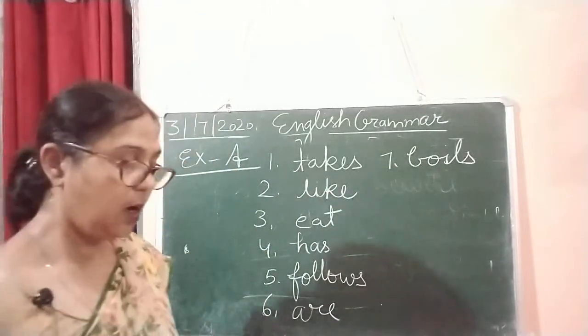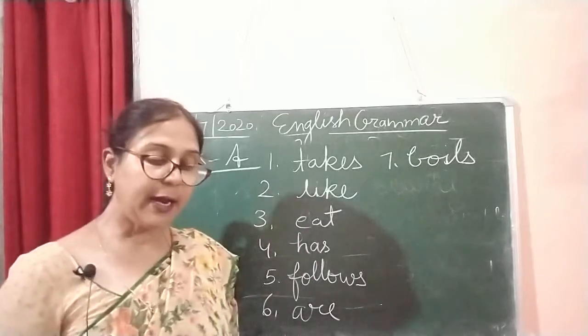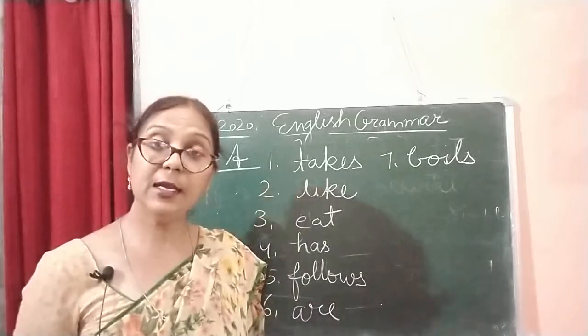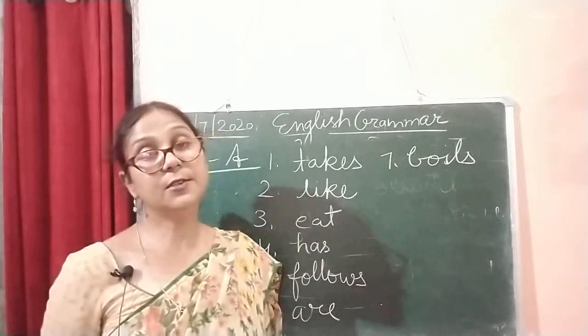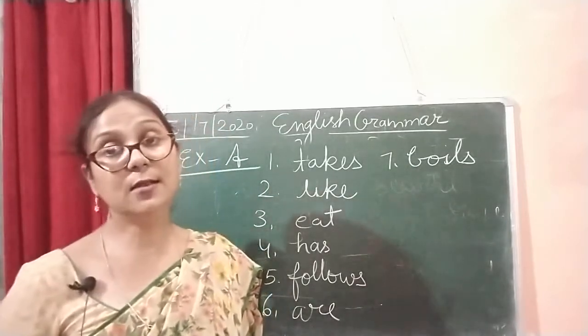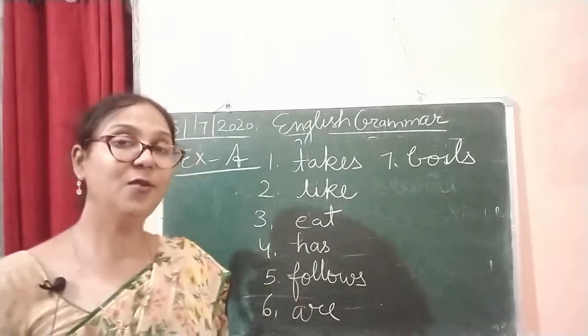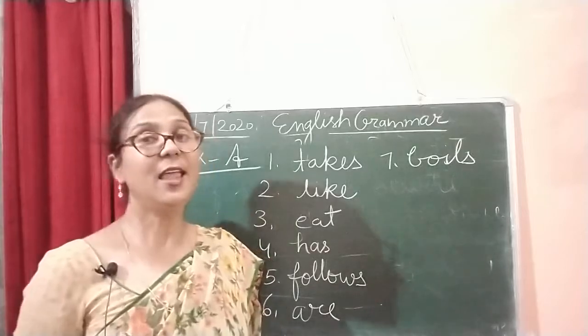Now 8th, I dash my parents. So here I is given over here. It is a first person. So it is considered as singular, but because of I and we, we are not supposed to use S or ES.